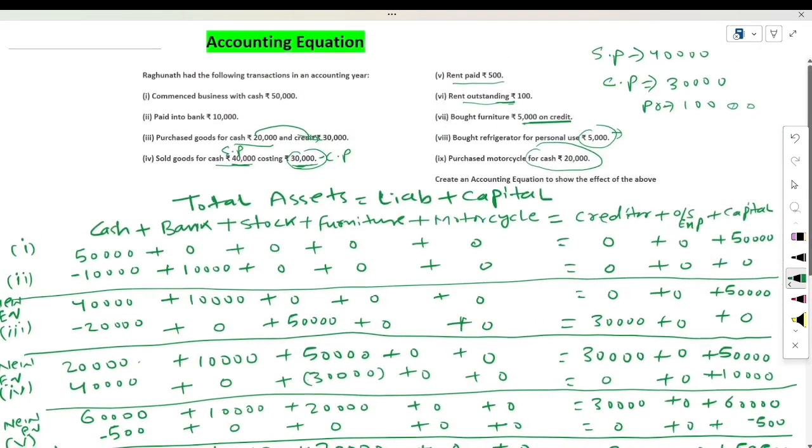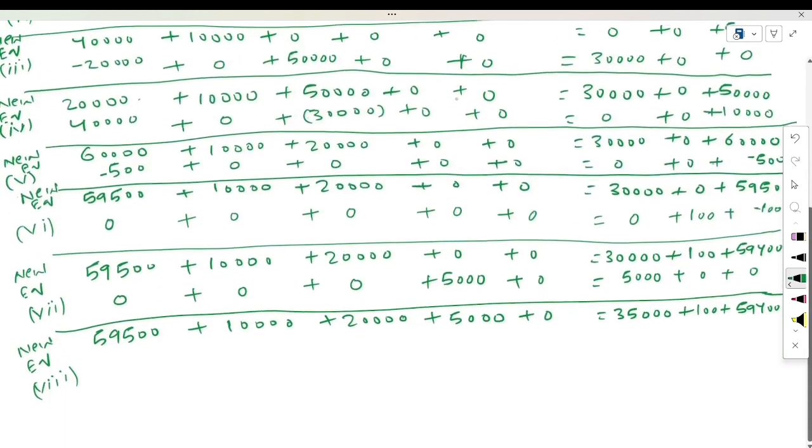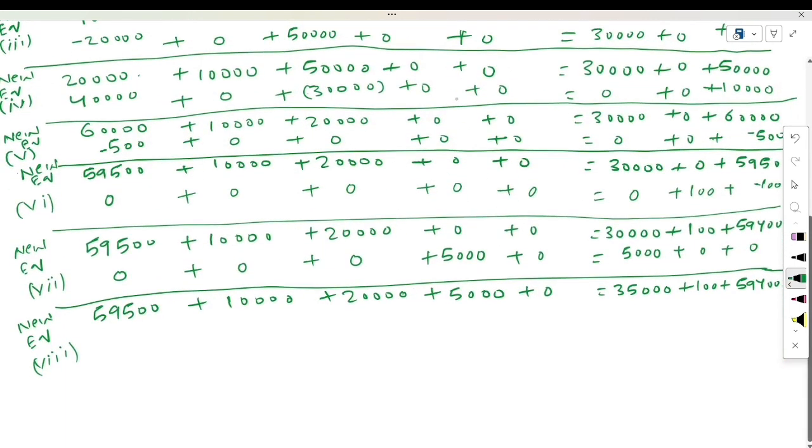Now come to transaction number 8. See here, what is transaction number 8? Transaction number 8 is bought refrigerator for personal use. How much? 5,000. He is purchasing a refrigerator for personal use, not for business use. It means our cash value will be decreased. This is drawing. So our cash value will be decreased by 5,000.